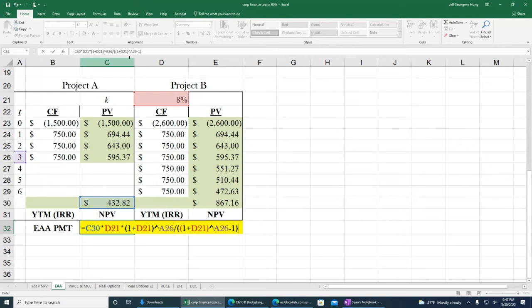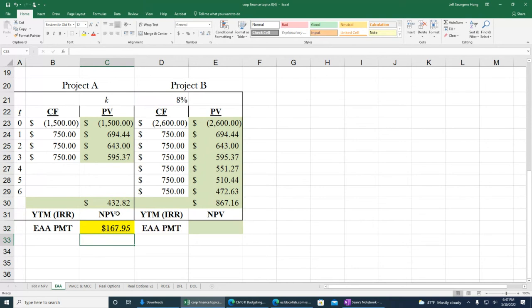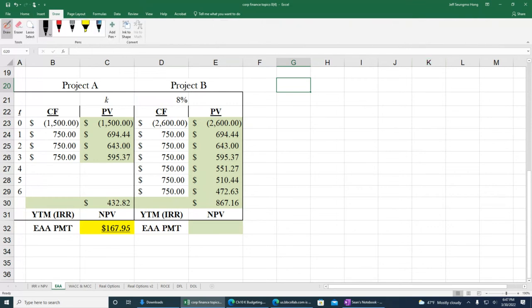Now, let me draw the formula here on Excel. But to do that, I will have to hit enter first. So draw. Oh yeah, I can draw.